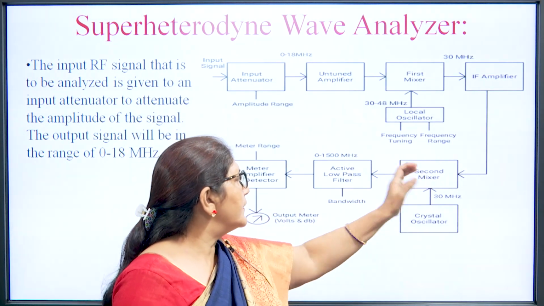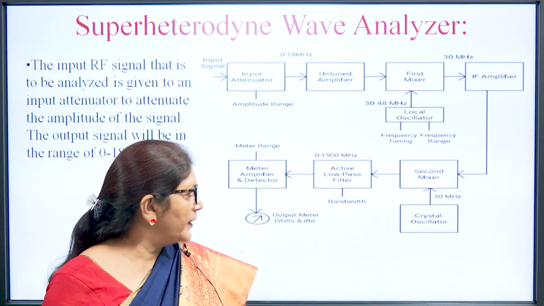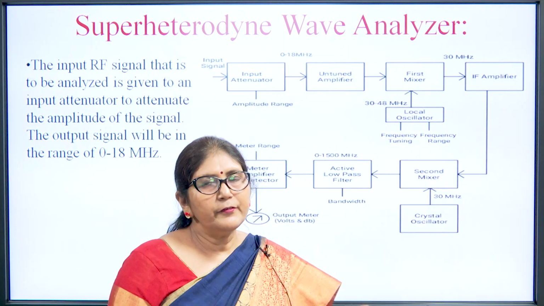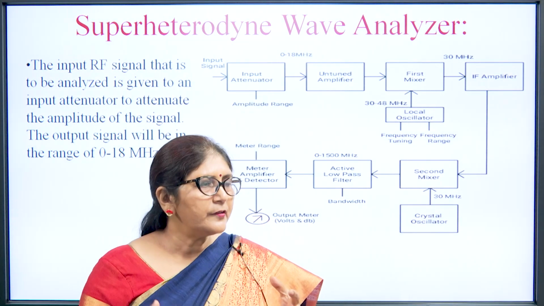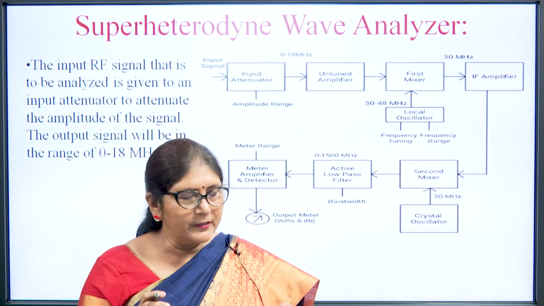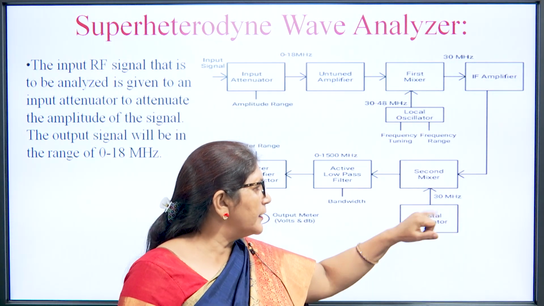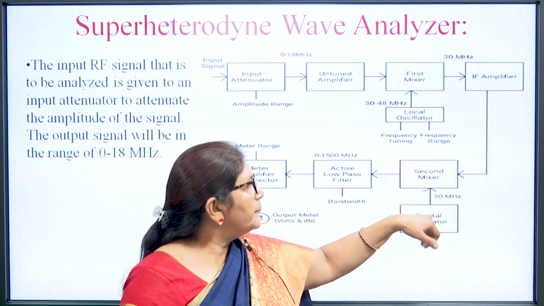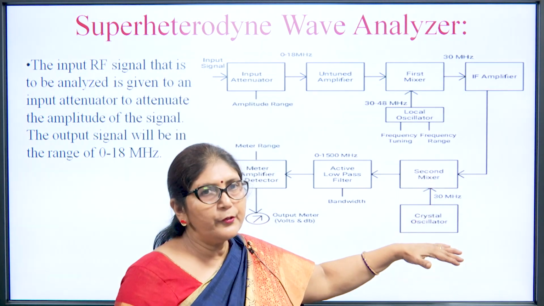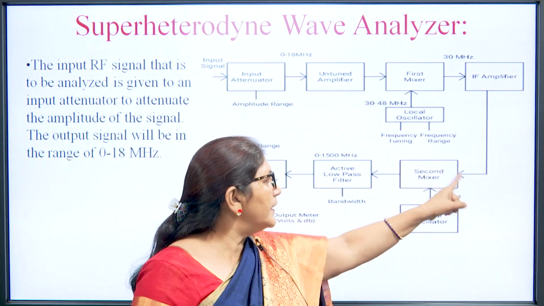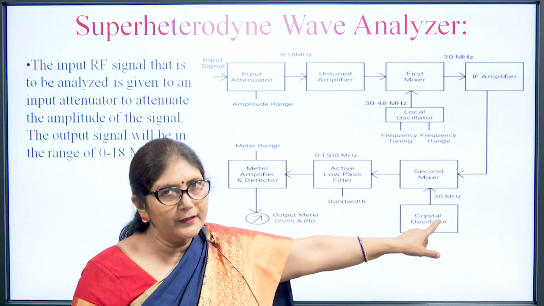Then the 30 megahertz signal is passed to the second mixer, and in the second mixer there is a crystal oscillator. We know that the crystal oscillator produces the most stable frequency. So, here the crystal oscillator is used and it is producing 30 megahertz frequency. This mixer has two inputs, one is 30 megahertz, and the other input signal also has the 30 megahertz frequency.